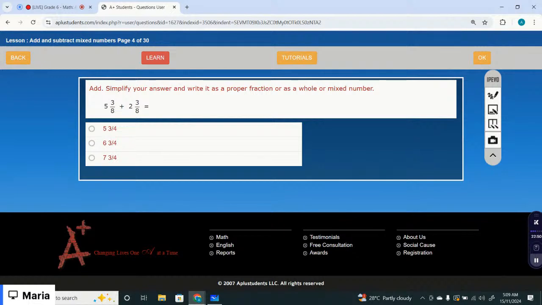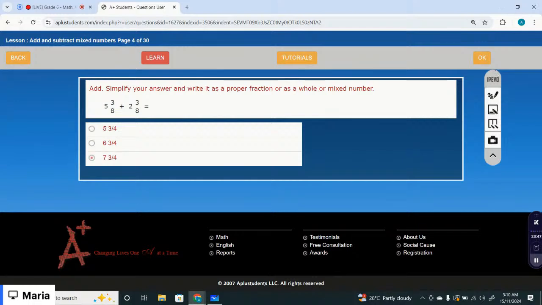5 whole 3 by 8 plus 2 whole 3 by 8. So which is the correct option? The correct option is 7 whole 3 over 4.